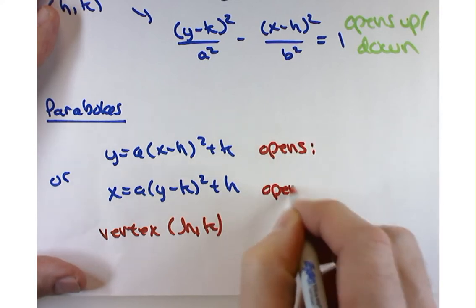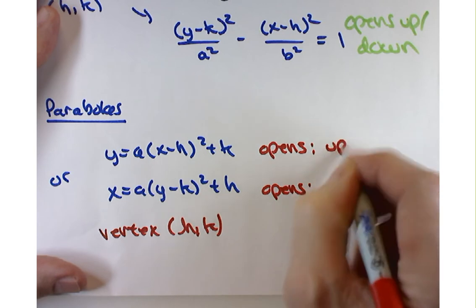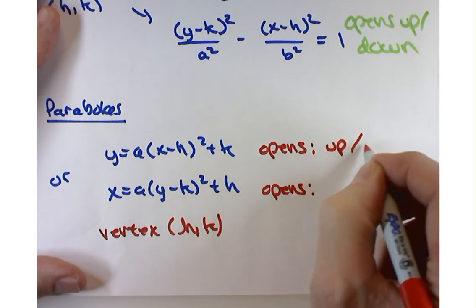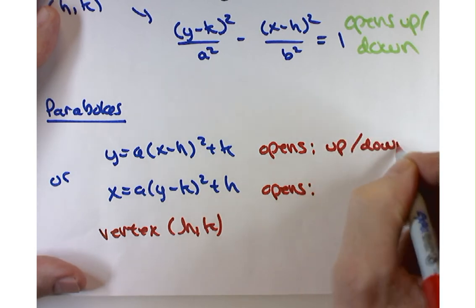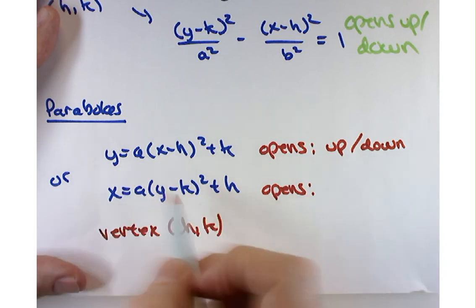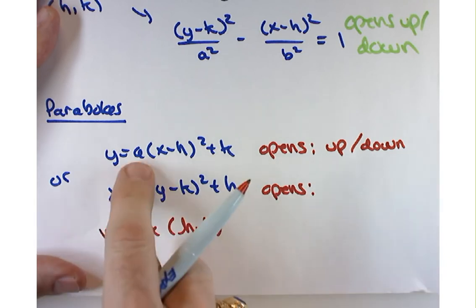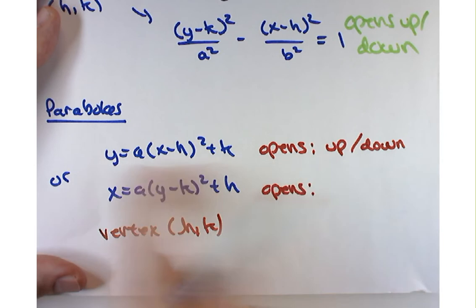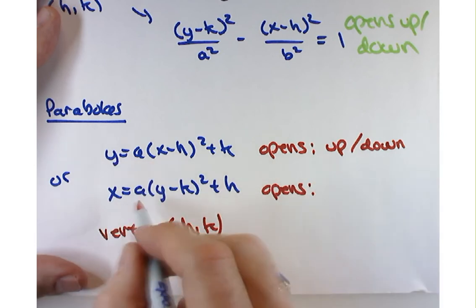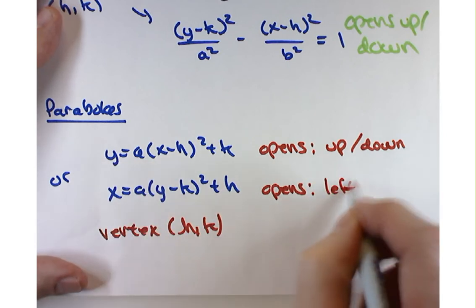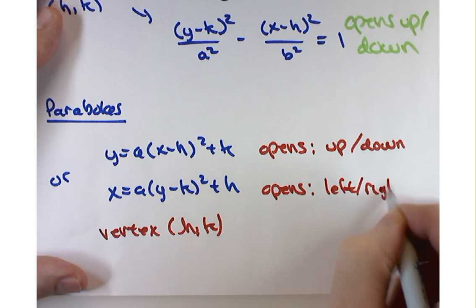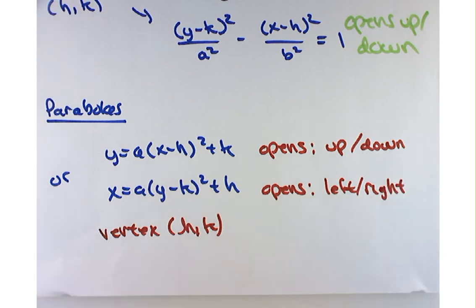Yeah. Up or down, I should say. What determines if it opens up or down? The A value. Yeah, if this is positive, it's going to open up. If it's negative, it's going to open down. This one, by contrast, is going to open left and right. All right, so those are your equations of the conics.